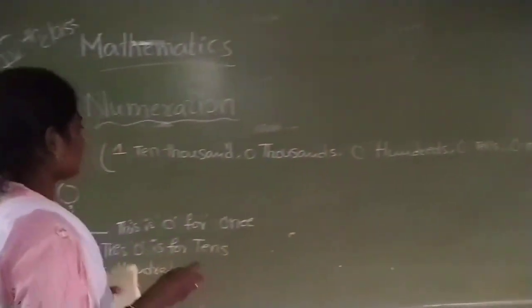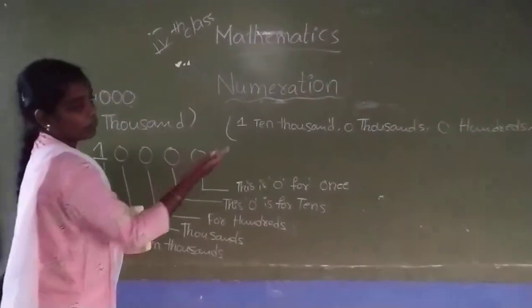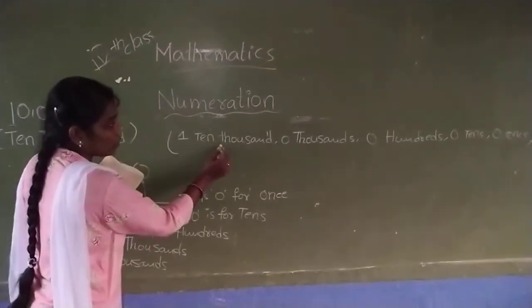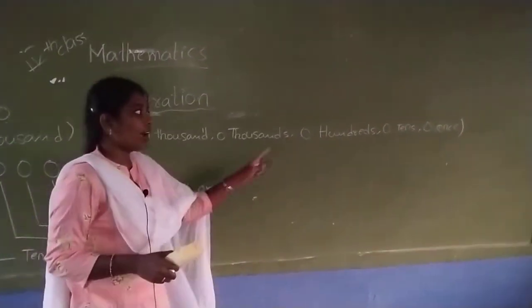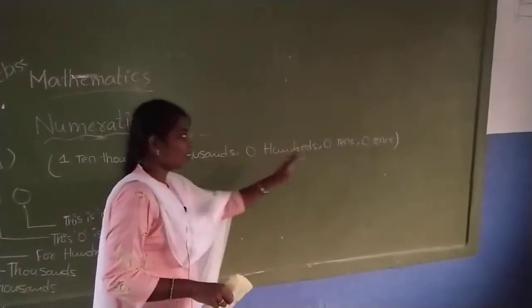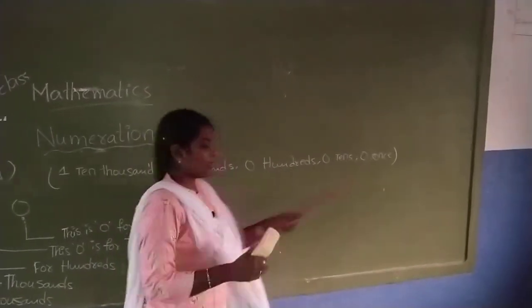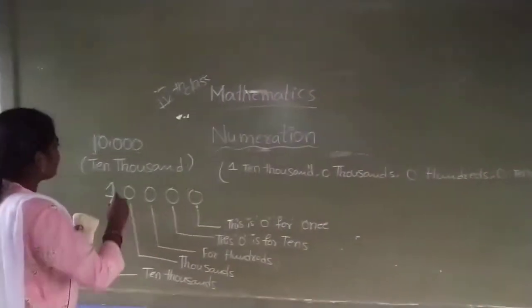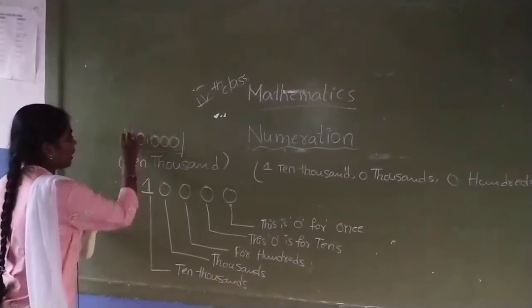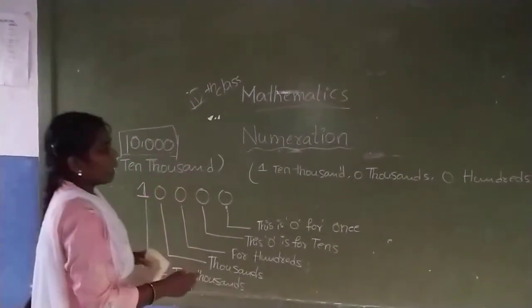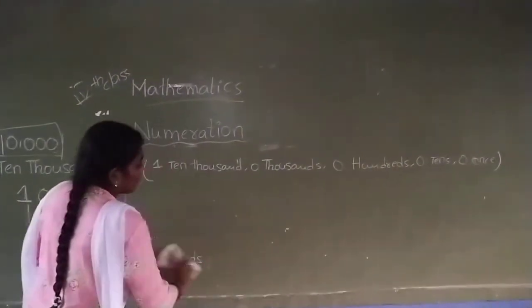This 10,000 can be written like this also: 1 ten thousand, 0 thousands, 0 hundreds, 0 tens, and 0 ones. This 5-digit smallest number 10,000 can be shown like this in abacus.